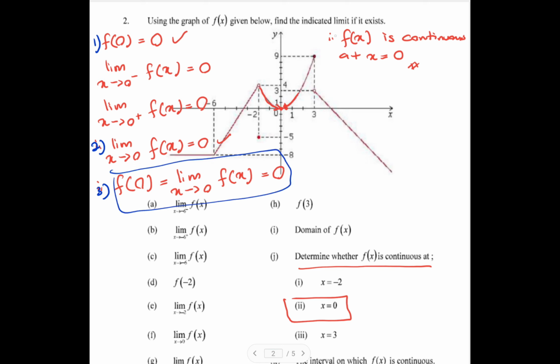And then the last one, you conclude whether the function is continuous or not. So in this case, since f(0) equals 0, and the limit also equals 0, therefore the function equals the limit, therefore the function is continuous at x equal to 0.